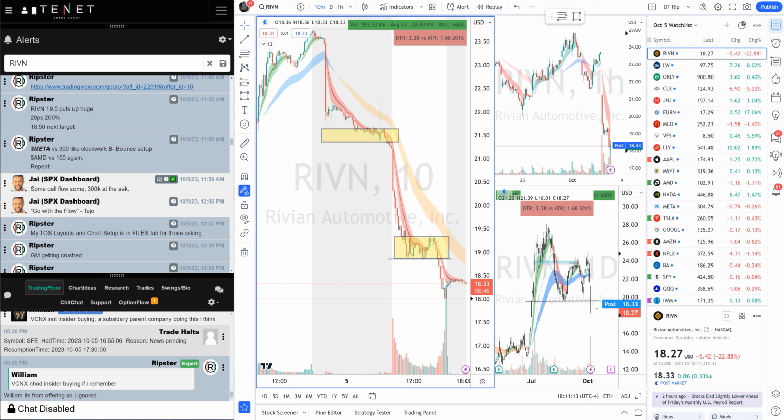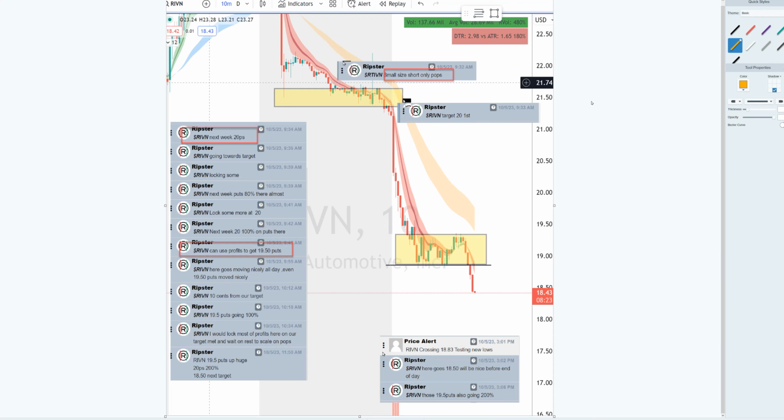So talking about RIVN, let's look at it this way. As soon as the market opened, 9:32, I started a small size short, and I also talked about next week's 20 puts, and then my first target was 20, and look at the big fade. Almost 20 target met. $1 a share profit, almost 180% on the first puts.